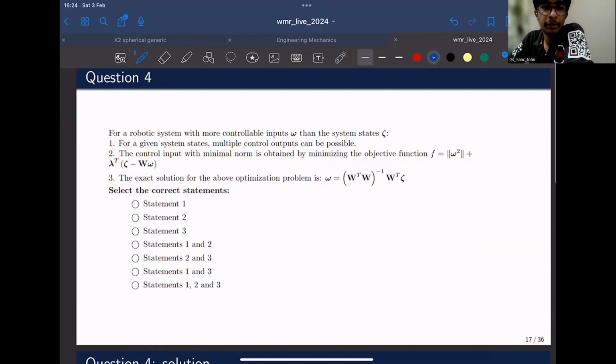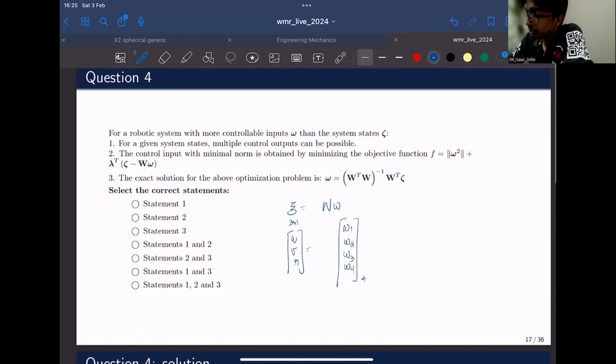So we'll go one by one. It says the system has more controllable inputs than the system states. So I'll give you an example. Zeta would be W times omega. So if zeta is always going to be 3 cross 1 because zeta is U, V, and R, and the number of controllable inputs omega is greater than zeta, for example omega could be omega 1, omega 2, omega 3, omega 4.